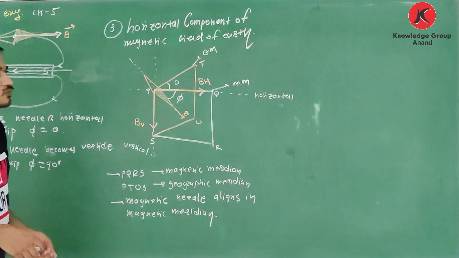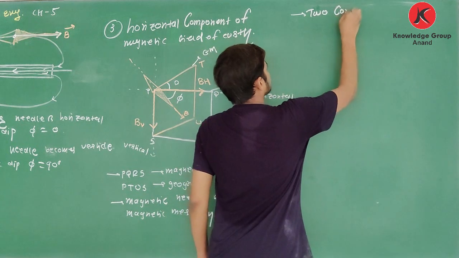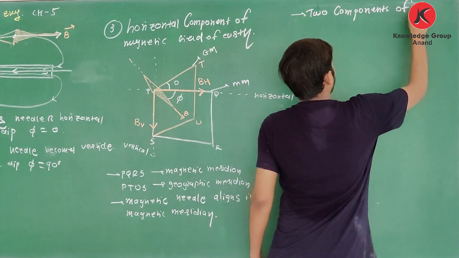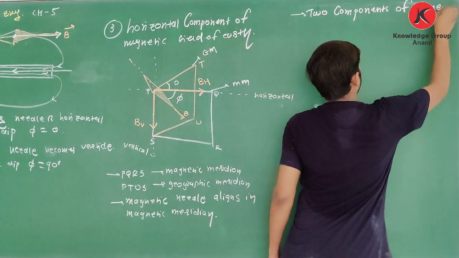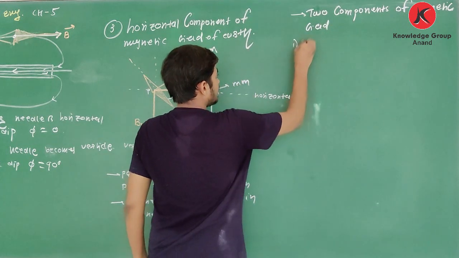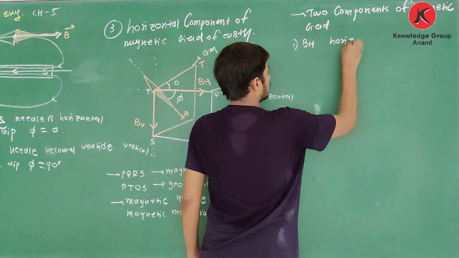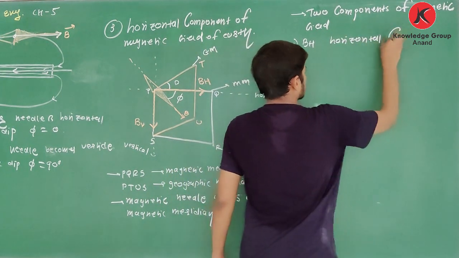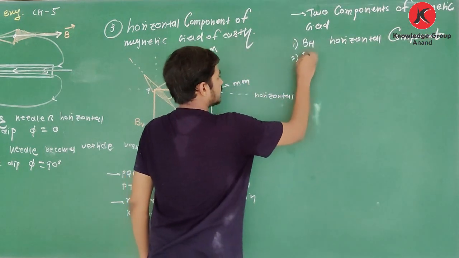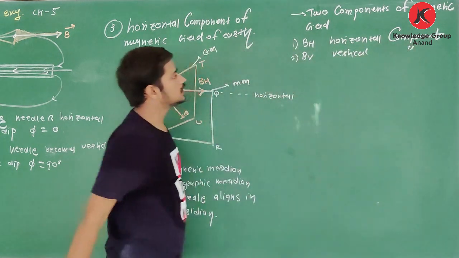So yes, resolve this magnetic field in two components of the magnetic field. First, BH, the horizontal component, and second, BV, that is the vertical component.